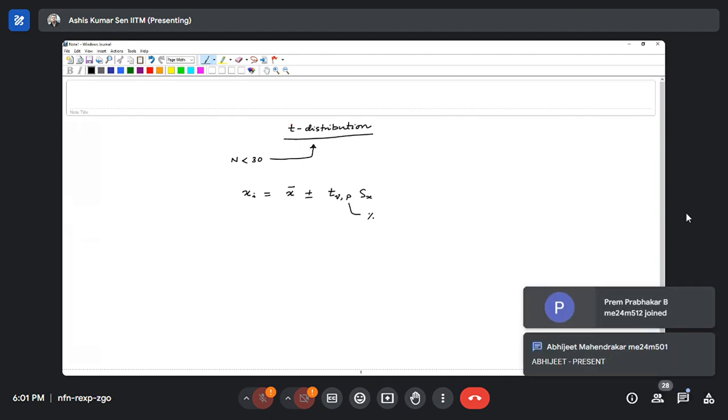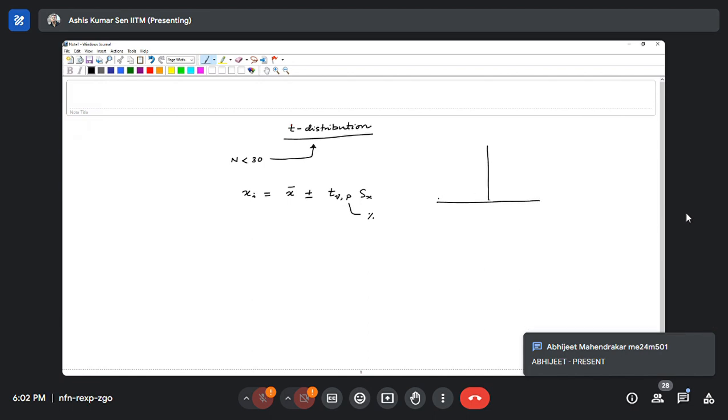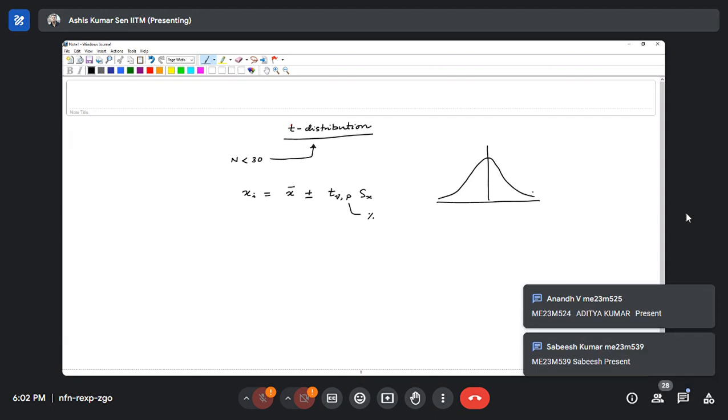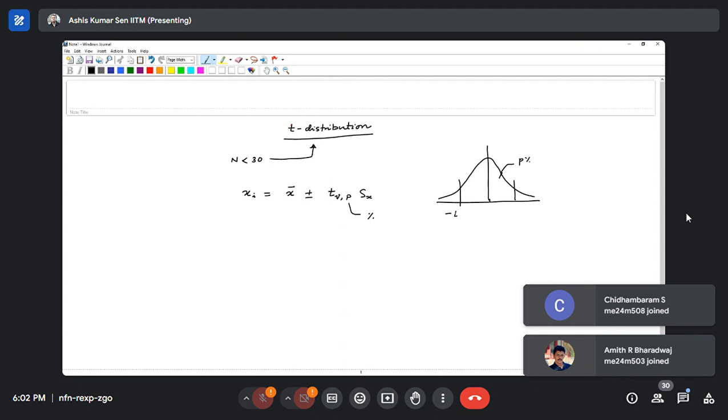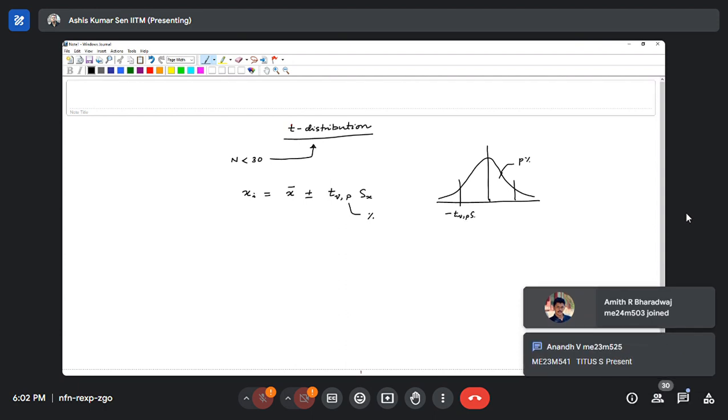So if you have a t distribution curve, and we want to say where is the interval that contains P% of data, so that is this area under this curve. So that interval is going to be basically x mean minus t(ν,P) s_x to x mean plus t(ν,P) s_x.